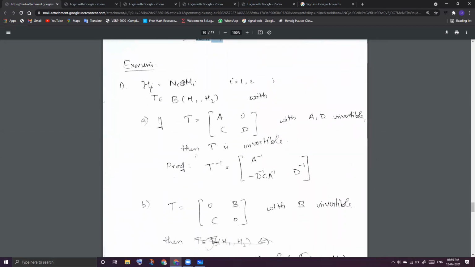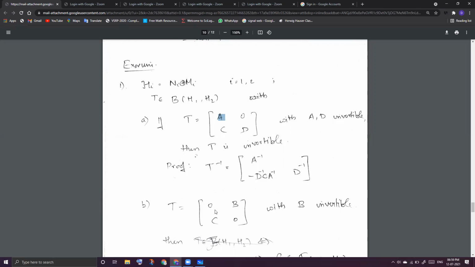If Hilbert spaces H1 and H2 are of the form H1 is N1 direct sum M1 and H2 is N2 direct sum M2, then if an operator T is in this form, with A and D being invertible, then T is invertible with the inverse being this one. This can be checked by just multiplying this out. We can see that it actually turns out to be identity.